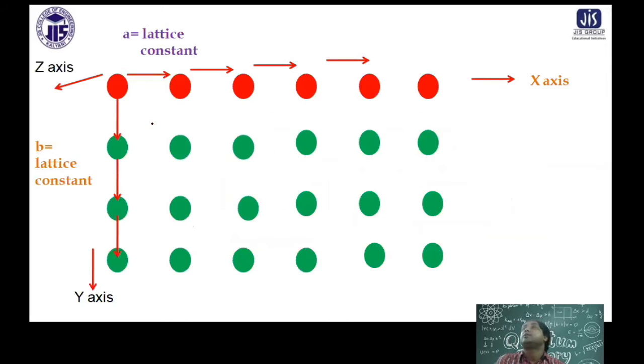Now in this picture, those red balls are basically indicating the lattice points along x direction. Green balls, I'm talking about only one line, the leftmost, refer to the repetition in the z direction.